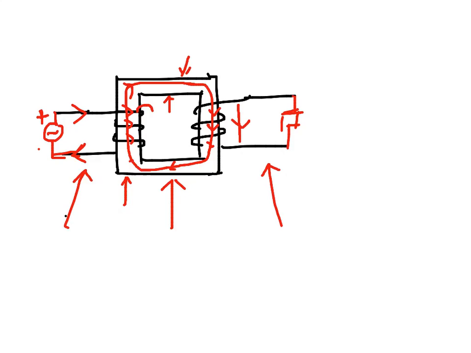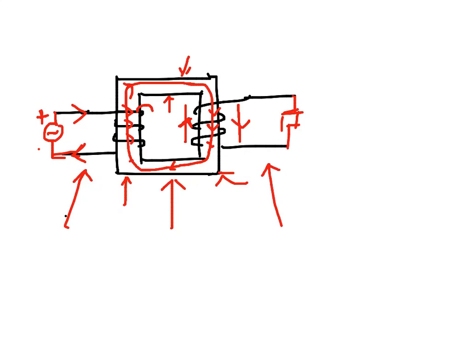So it will try to produce a flux upwards so that it can reduce the increase of the downward flux. To have a flux going upwards, if we again apply the right hand grip rule by grabbing this side of the core with the right hand, the thumb has to point towards the direction of the flux, so the thumb will be upwards.